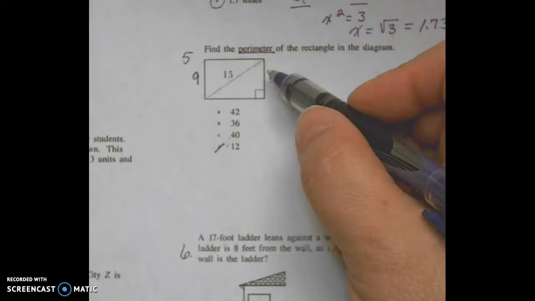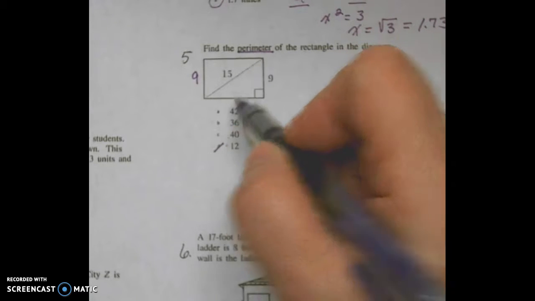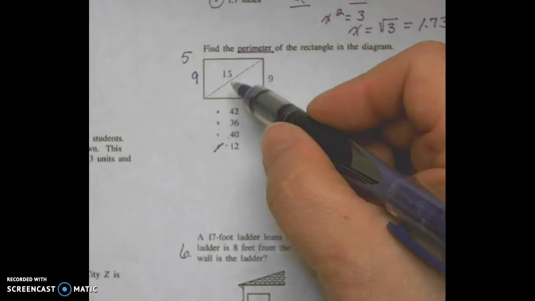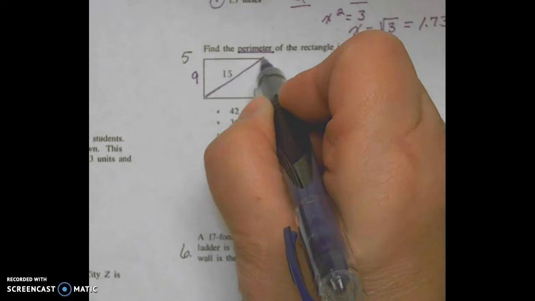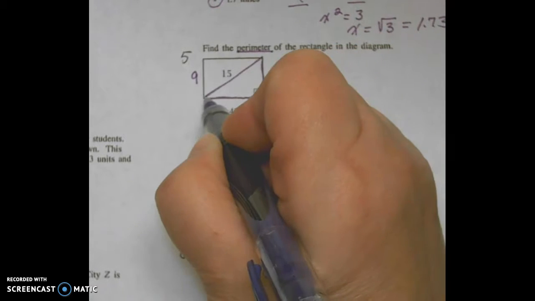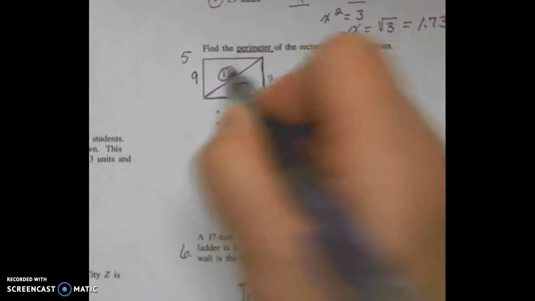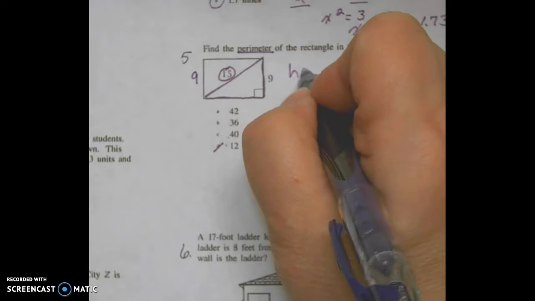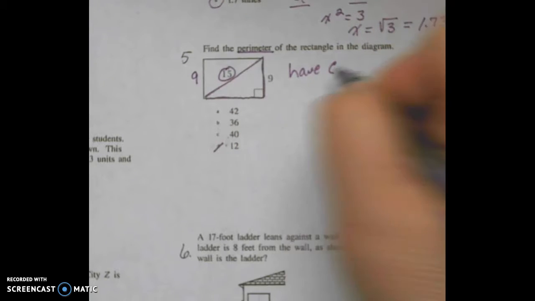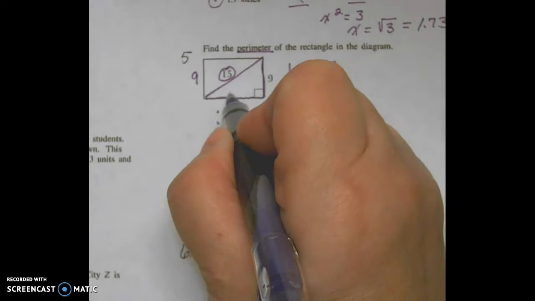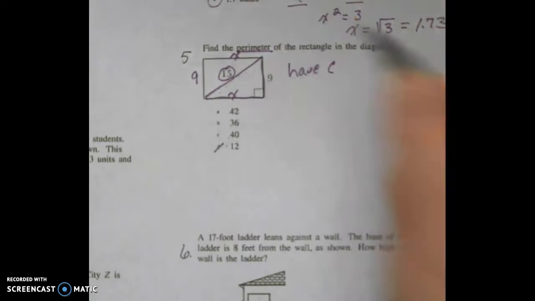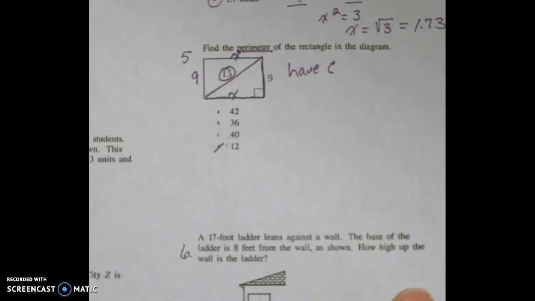In order to find the perimeter, I need to find the top length and the bottom length of this rectangle. I have a right triangle, if I'm just considering this part of my problem. I have my hypotenuse. So I need to find a smaller number to find out what this length is for x and x. And then I'll have to actually use that to answer the question of what is the perimeter.